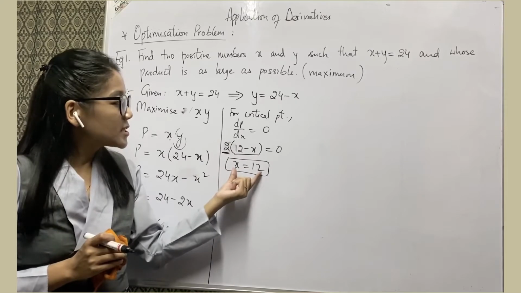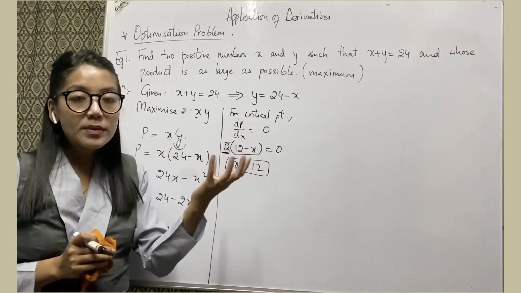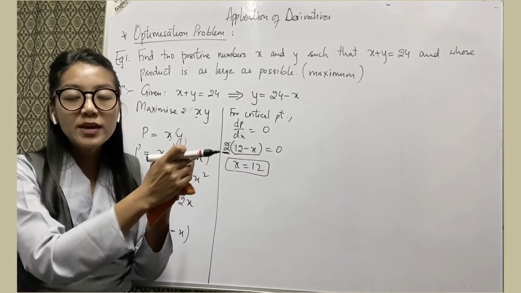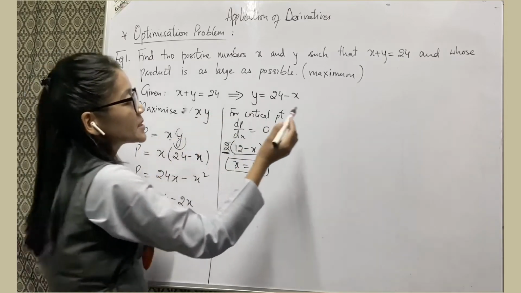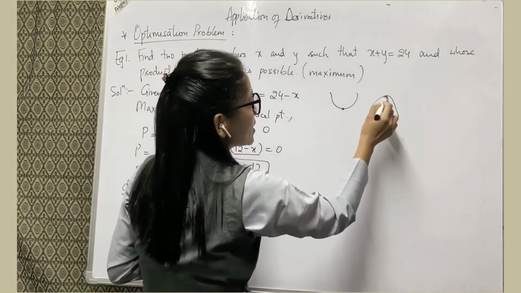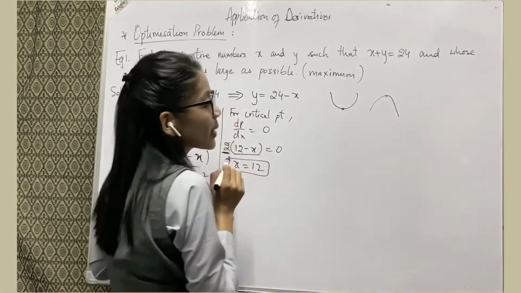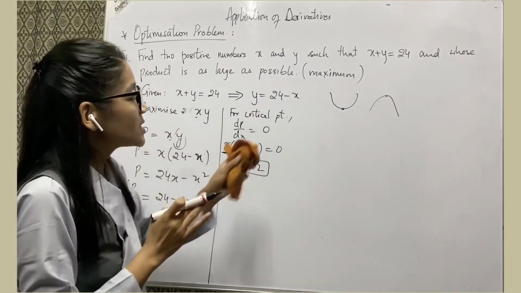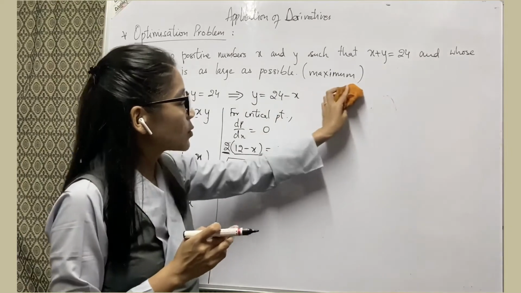When you get a critical point, it means the function is changing its behavior, which means it will be somewhat like this. If this happens, then this is the minimum value, or it can be like this. If this happens, then it is the maximum value, okay? So now these are the two possibilities. Now we have to find out which one, okay?